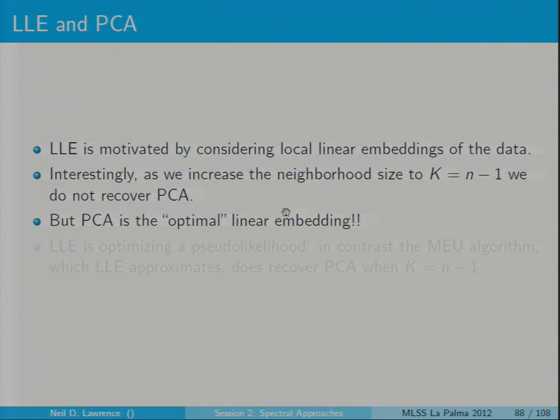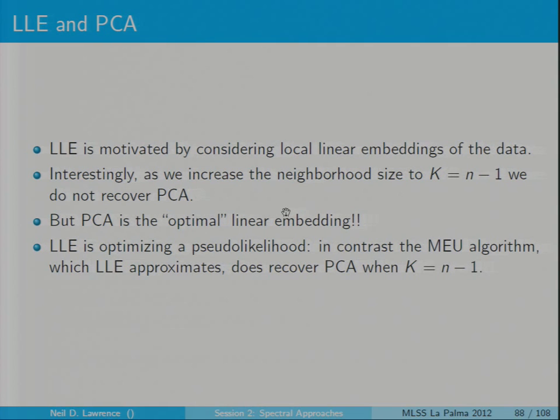So here's a point which really illustrates that something funny was going on in LLE, which turns out to be the pseudo-likelihood. Locally linear embedding is motivated by considering locally linear embeddings of the data. But interestingly, as we increase the neighborhood size k to n-1, we don't recover PCA. If you're going from a local to a global linear embedding, you would expect to recover PCA because it's optimal.